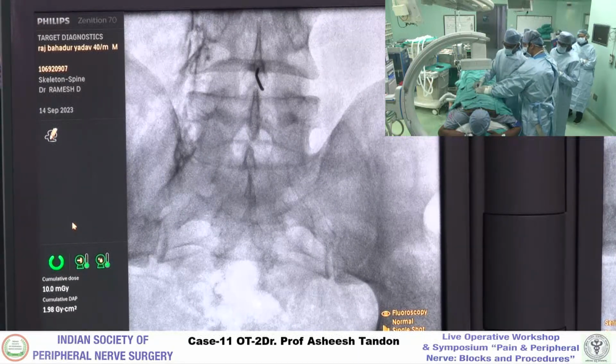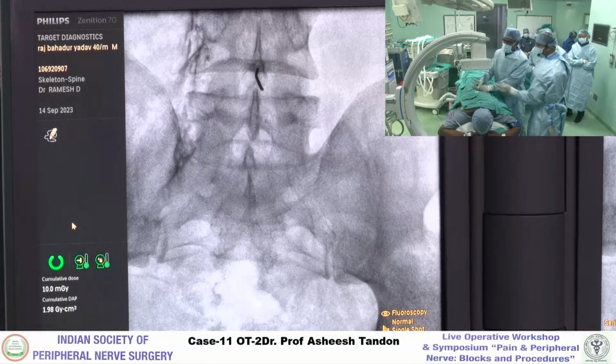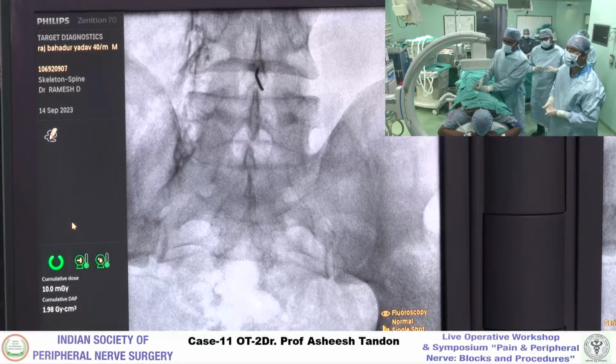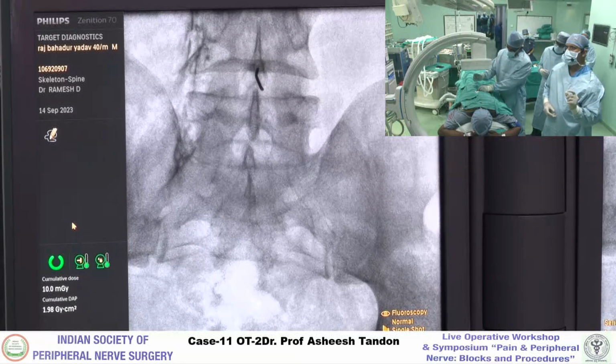Ashish, there's a question that for positioning of these patients, is there a difference between epidural and normal transforaminal? Yes. In epidural, you generally tend to push a sort of a pillow under the abdomen, whereas in transforaminal, you really don't require, because already the space is 2.5 centimeter wide.